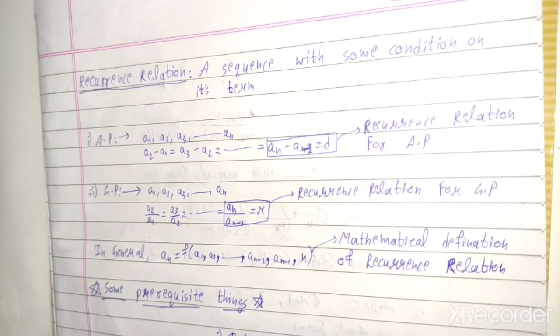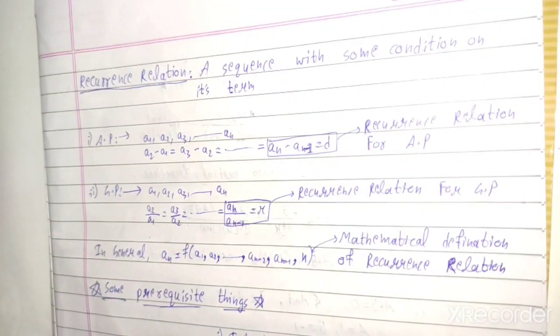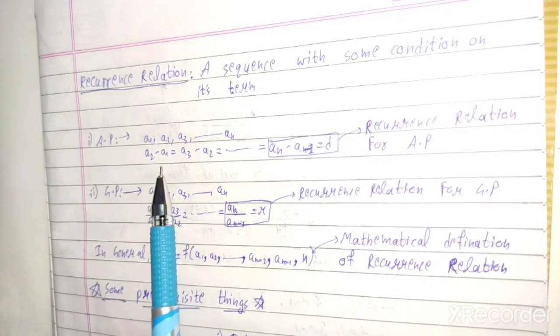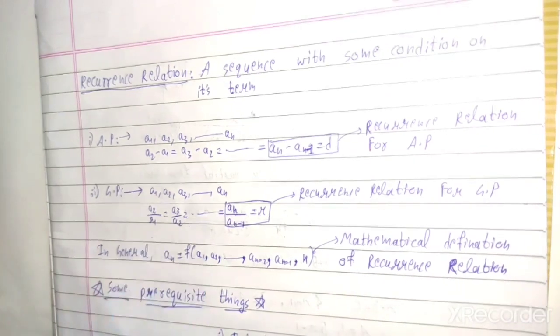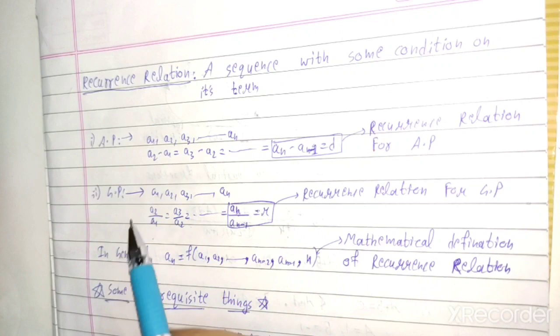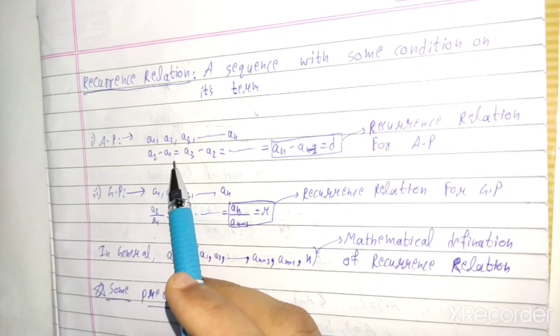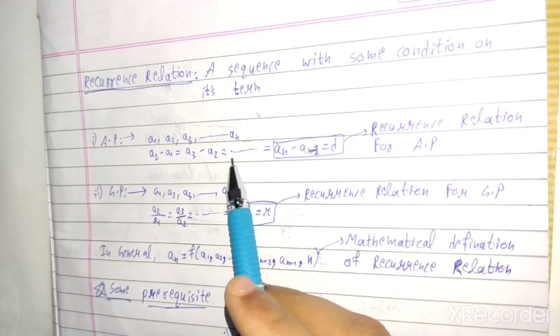It is basically a sequence with some condition on its terms. For example, let's take an arithmetic progression. Let's say there are first n terms in any random AP. Since it is an AP, the common difference has to be the same, that is A2 minus A1 must be equal to A3 minus A2, which must be equal to A4 minus A3.